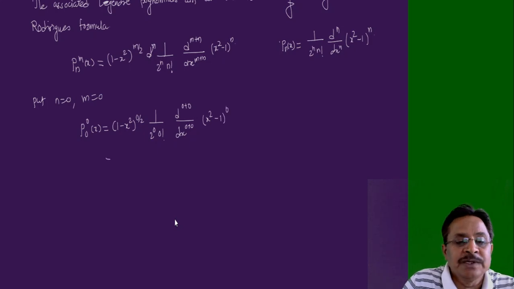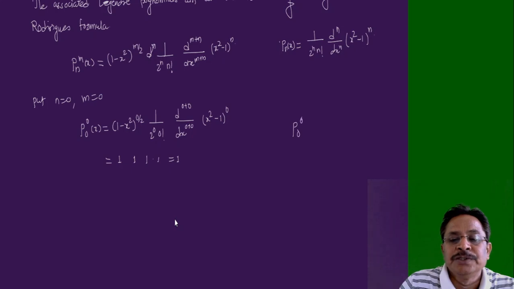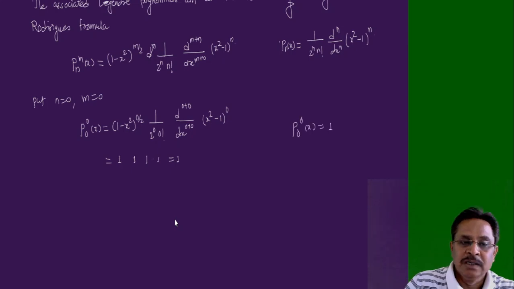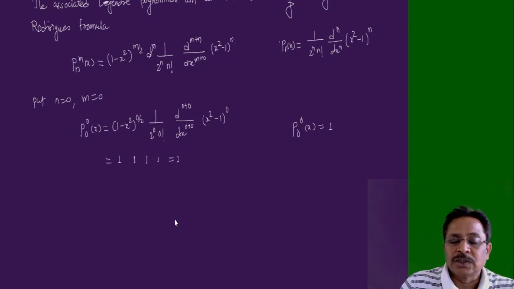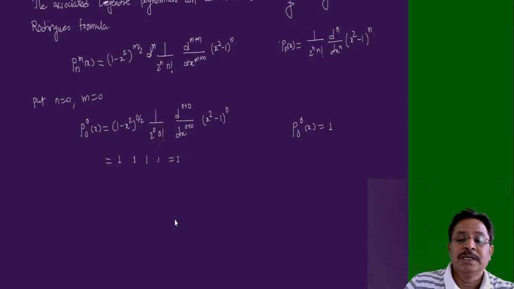Everything here is 1, and (x squared minus 1) raised to 0 is also 1. So P00 of x is simply 1. This is my associated Legendre polynomial of order n equal to 0 and degree m equal to 0.